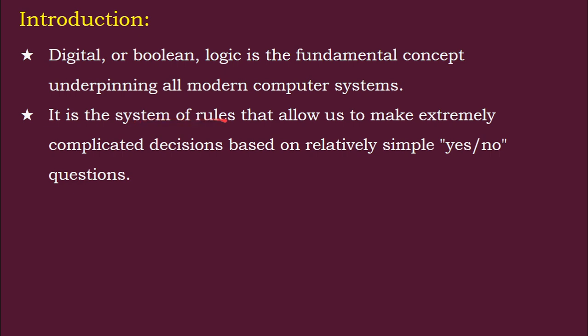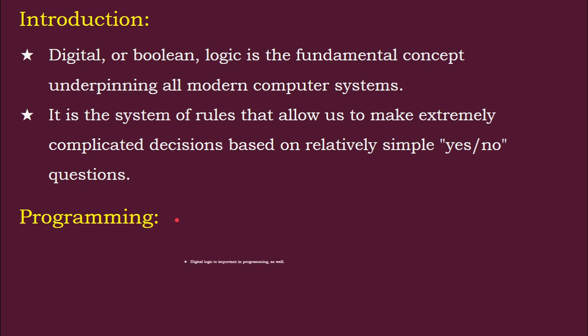It is a system of rules that allows us to make extremely complicated decisions based on relatively simple yes or no questions. So here in binary, since there are 1 and 0, by these ones and zeros and the yes and no combination, we'll be able to create complicated solutions for complicated problems, because everything is based upon decision making, that is the logical system.